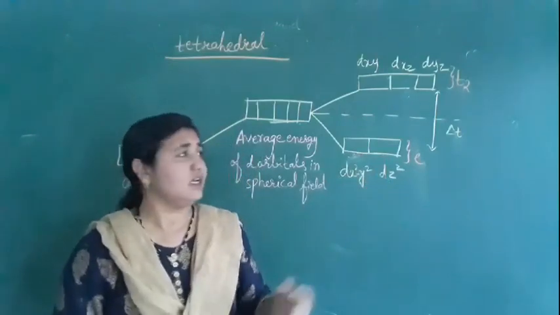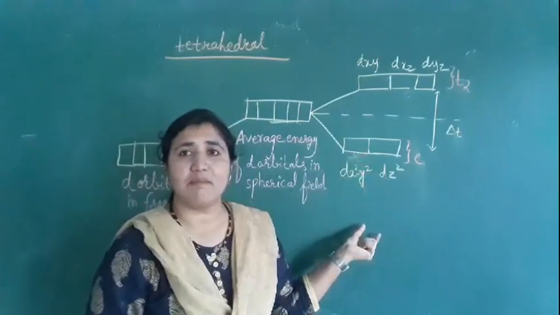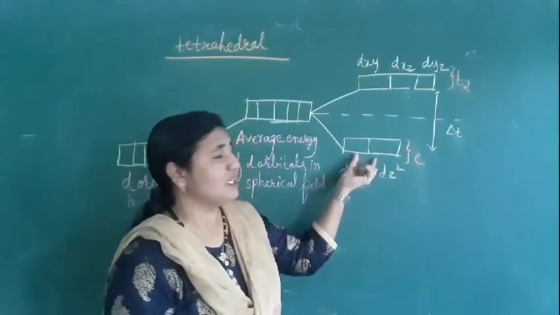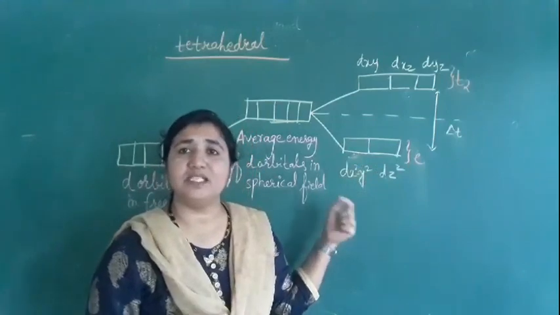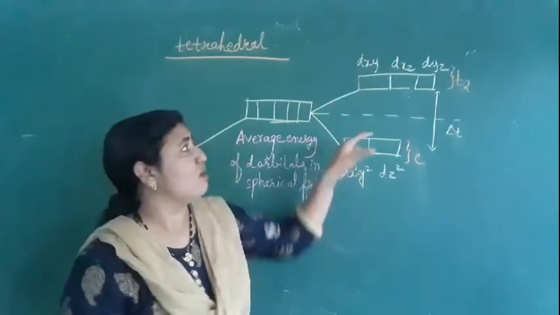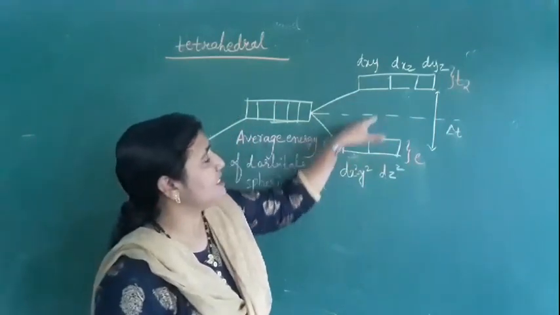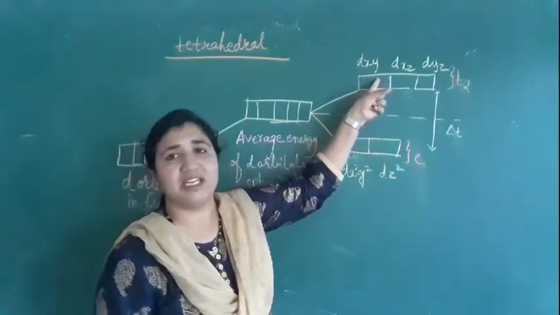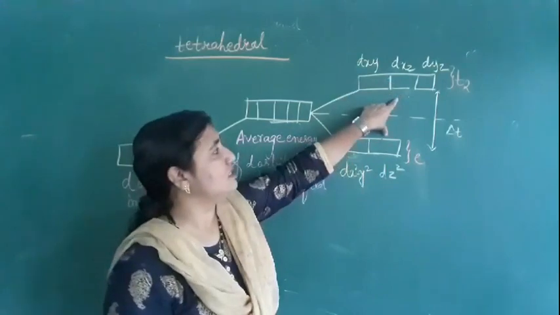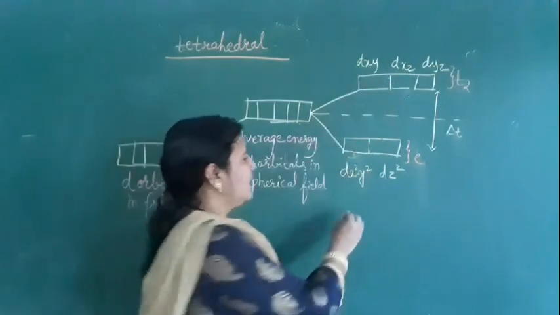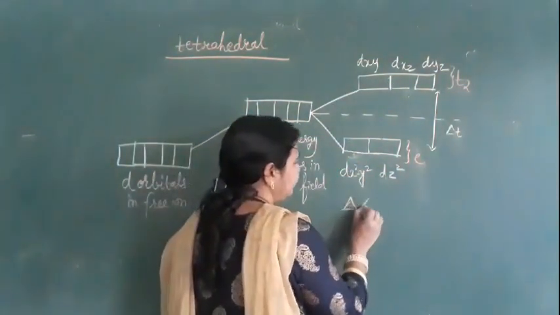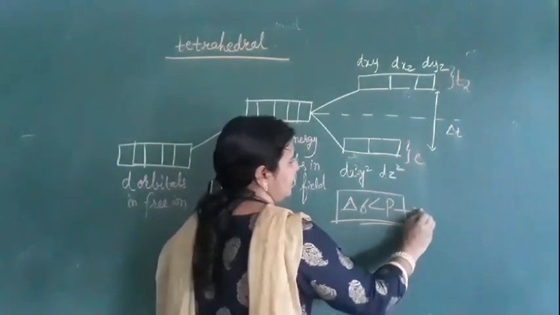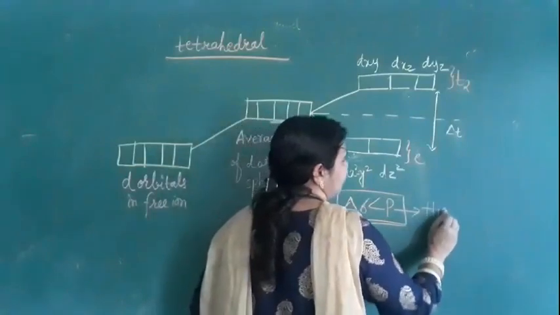Due to that, in these complex compounds, low spin complexes will be fewer and high spin complexes will be more. Why? Because this gap is less, so the next electrons will jump into the high energy level, because this delta value is less than the pairing energy. So in such cases we will get high spin complexes.